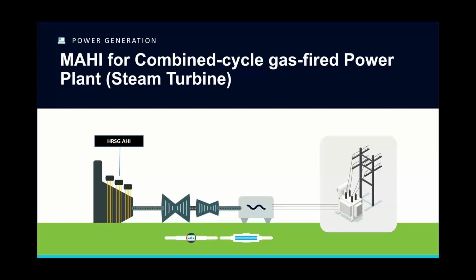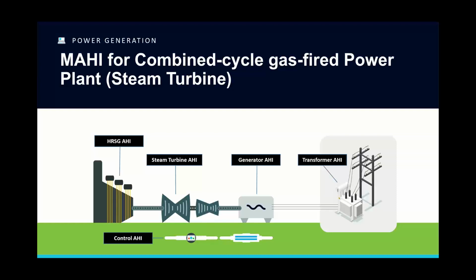So we could have a maintenance asset health index at the HRSG level, at the steam turbine, at the generator, at the transformer, looking at the control systems, and then looking at the balance of plant. So for a steam turbine, we can generate six different asset health index indicators looking at these major subsystems.